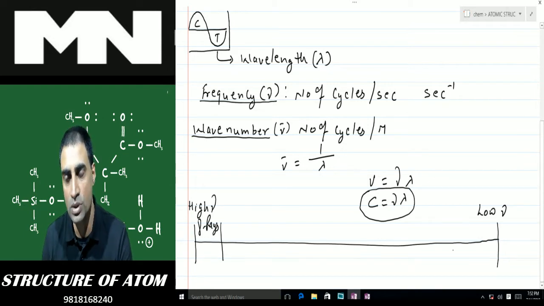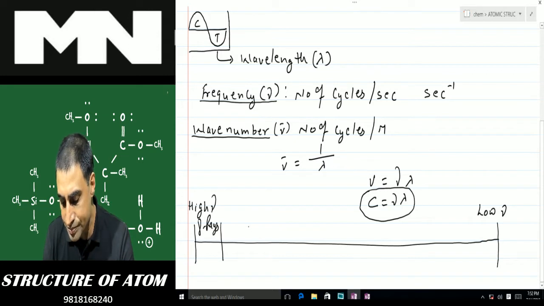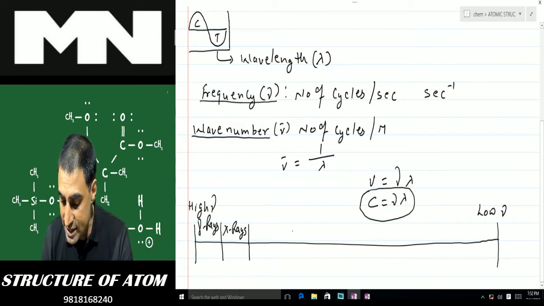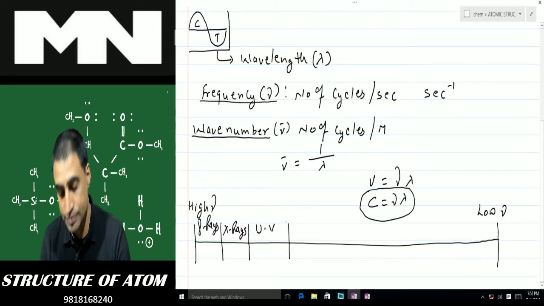Now, after gamma rays, we have X-rays. X-rays have slightly lesser energy than gamma rays, but still they have very high energy. Again, since they are electromagnetic radiation, they have the same velocity. After X-rays, we have UV radiation, that is ultraviolet radiation.